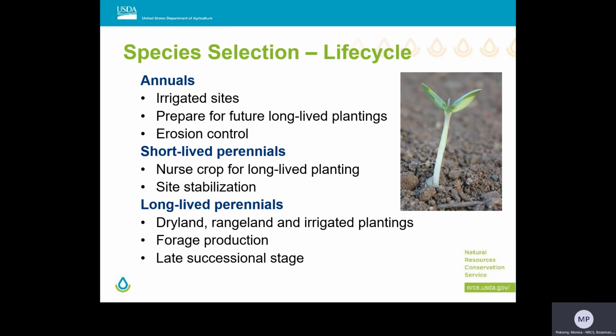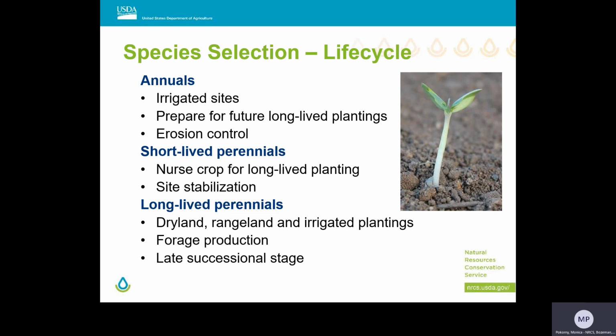Using an annual crop might be a good way to control the weeds in that site before planting longer-lived species. And you also might include it as a way to control erosion, developing a plant that establishes quickly to prevent erosion. Short-lived perennial species that we might include on the site would be species like slender wheatgrass.